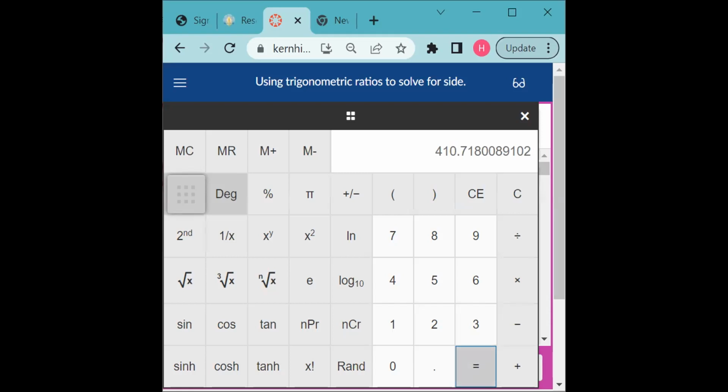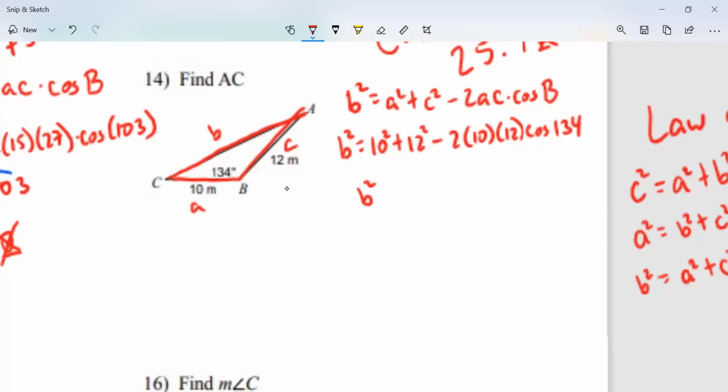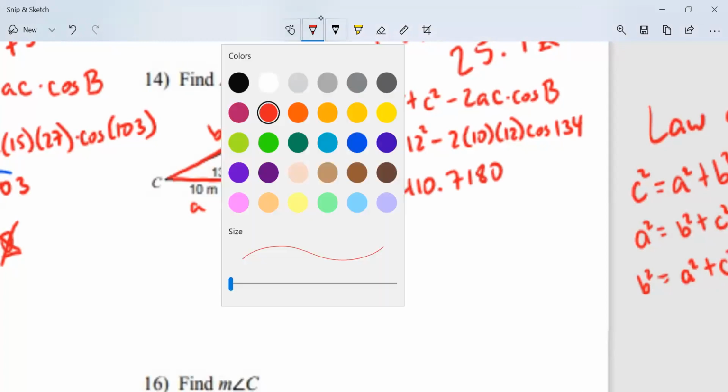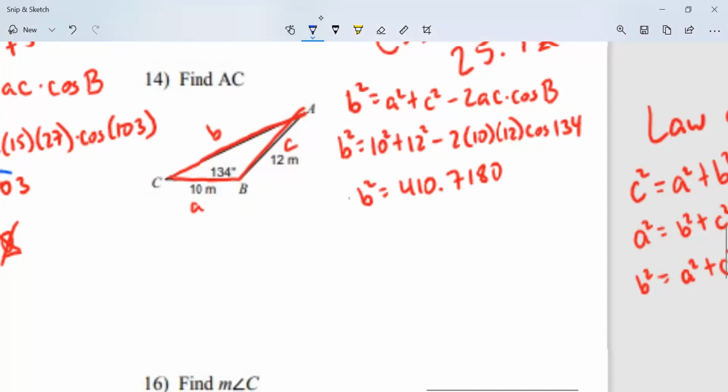Come back here. So I'm going to say that B squared is equal to 410.7180. Okay, let me come back to my calculator because I have to get B, not B squared. And remember, I said to cancel an exponent, I'm going to use a radical. In this case, a square root.